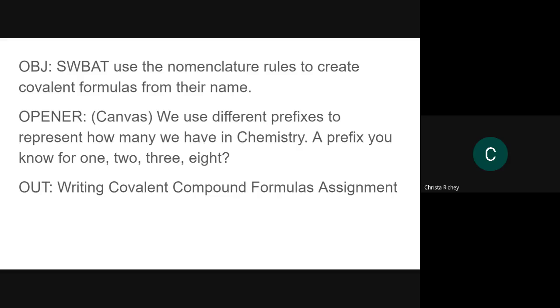So let's see if you guys know any prefixes. Do you know a prefix for one? Okay, I'm going to say you probably know uno. That's not the one that we use in chemistry. That's not wrong. Can you think of another prefix that means one? It's a board game where the goal is to be the only one that controls it.